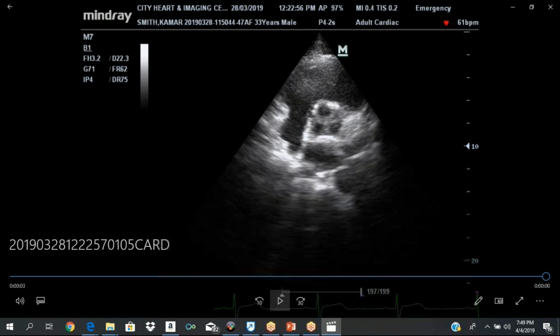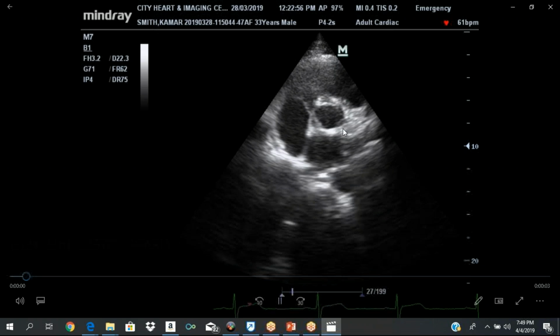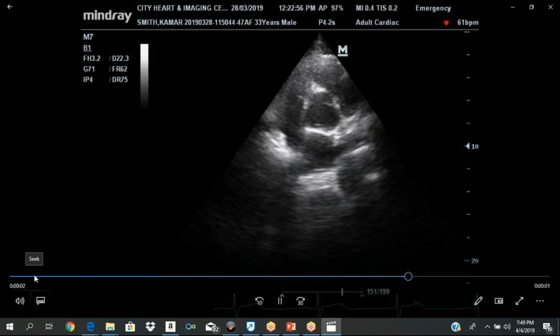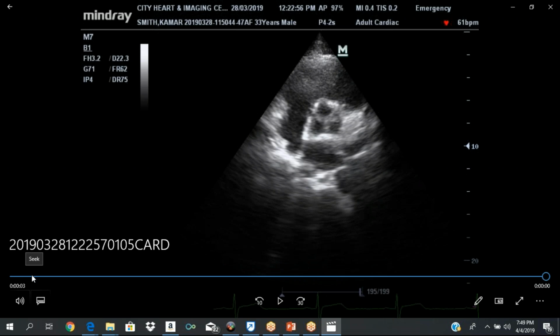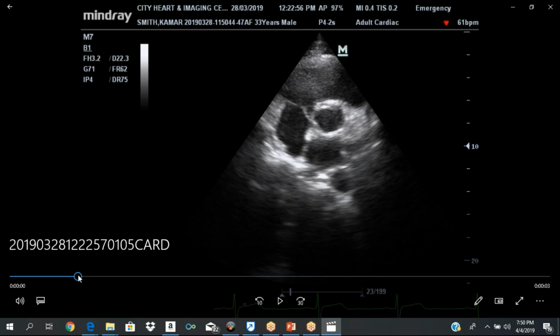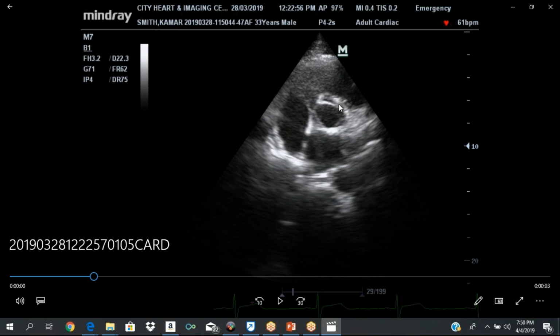When the aortic valve closes, it closes in a Mercedes-Benz sign. When it opens, it has a triangular configuration. You can see it's a triangular thing right there. This is your atrial septum, the non-coronary cusp, the right and the left.